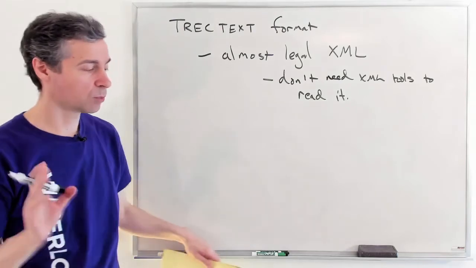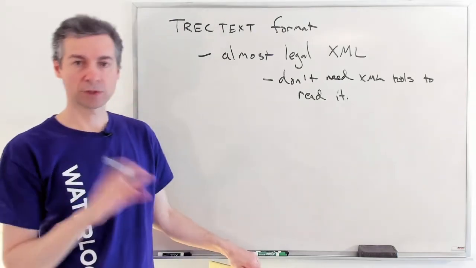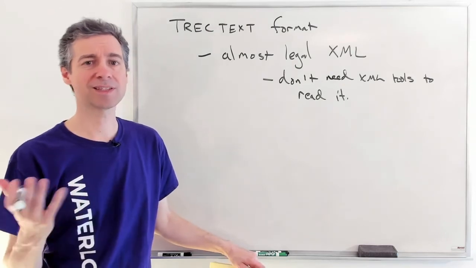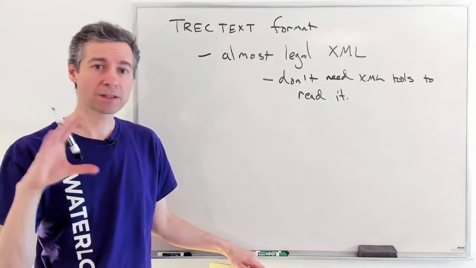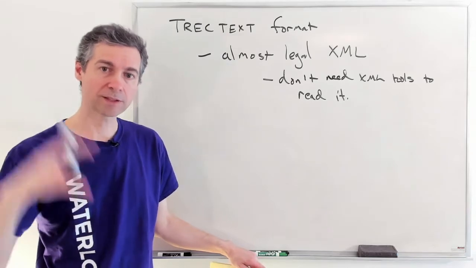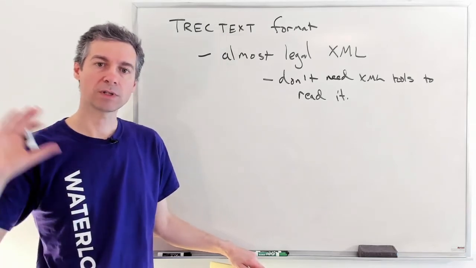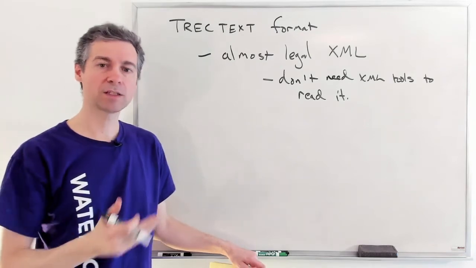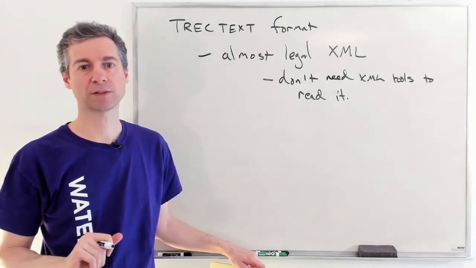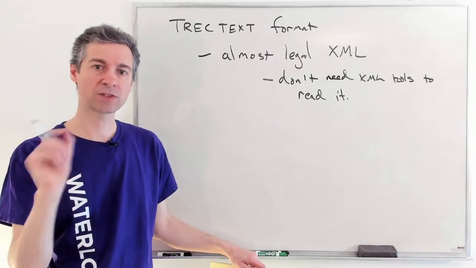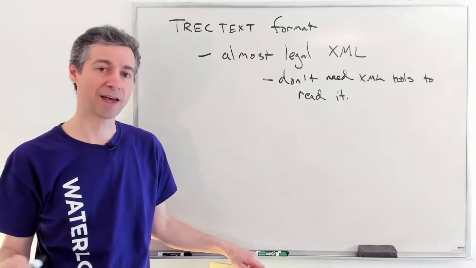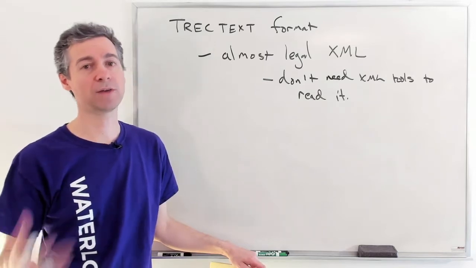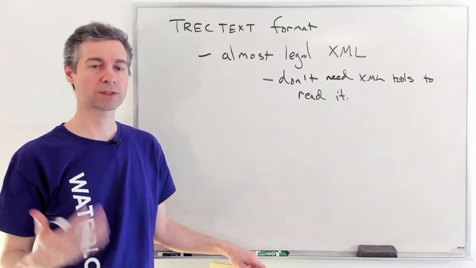But once you've read one document in and you have it represented as a string, it's easy enough for that to be a legal XML document, and you can put that into an XML library processor, and you can then fetch things out of it based upon the tags using the XML processing without you having to parse the XML yourself.